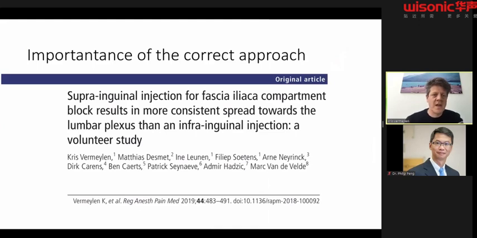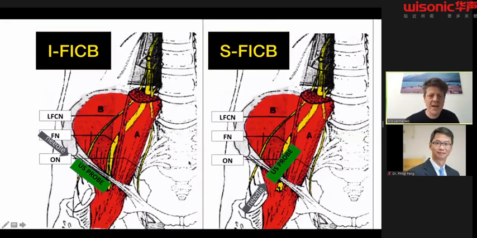In this topic I did some research for my PhD, in which we compared the infrainguinal and the suprainguinal approach. Remember that I told you the proximal spread is probably much more important for the clinical use of this block than an infrainguinal approach.